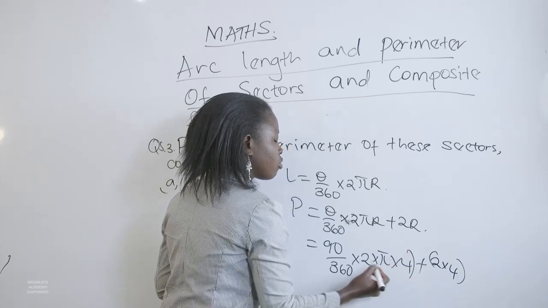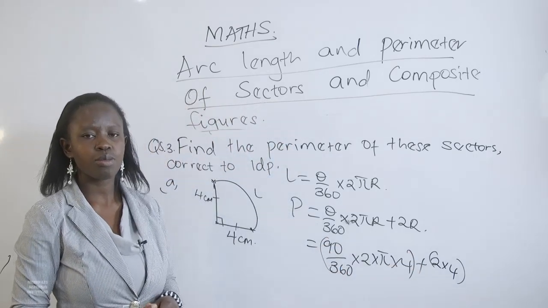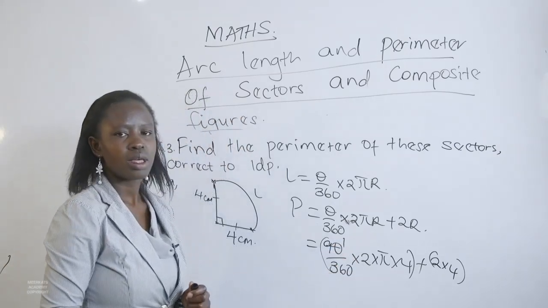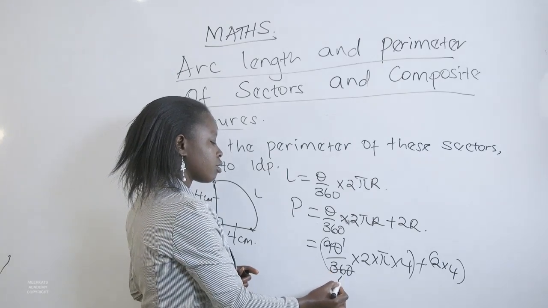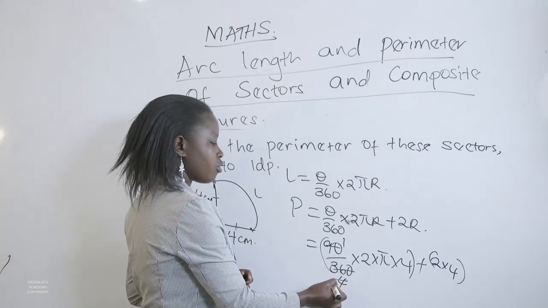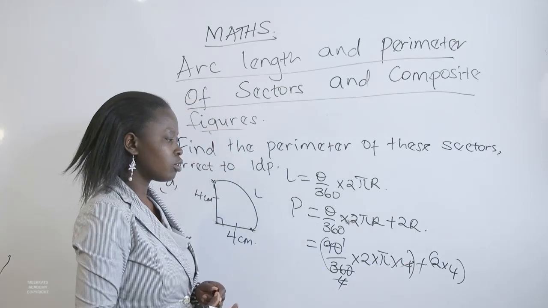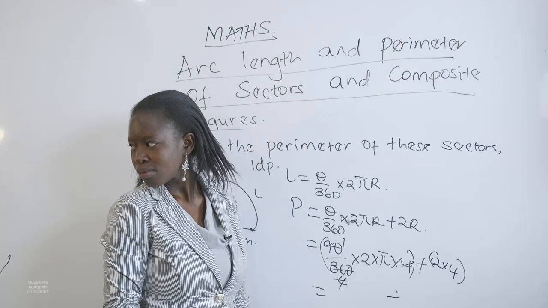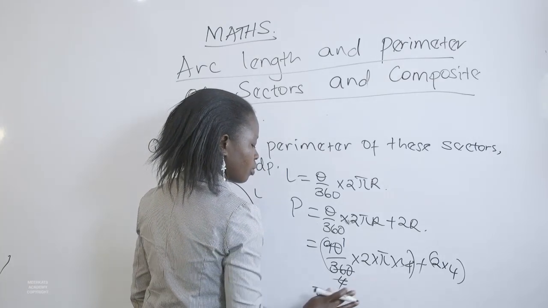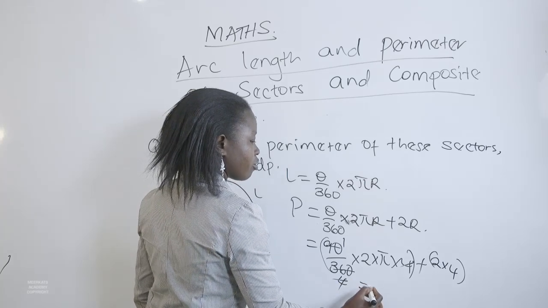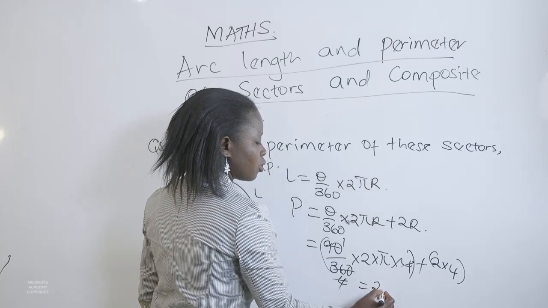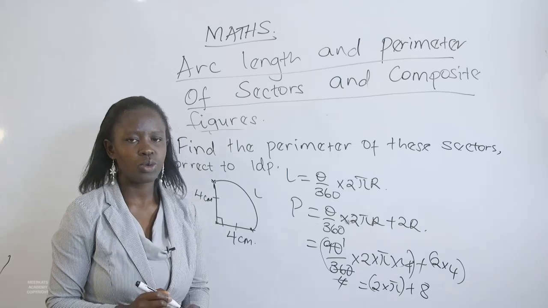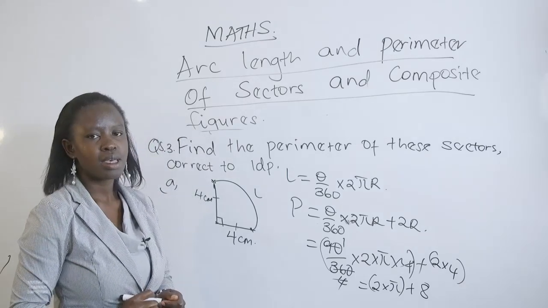So we are solving whatever is on this end first before adding. 90 into 90, 1; 4 into 360... then the 4 and 4 will cancel out so that we have 2 times pi, then plus 8. 2 times pi plus 8.